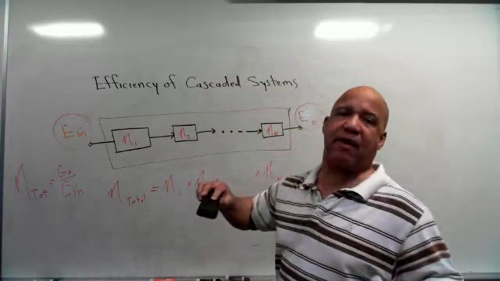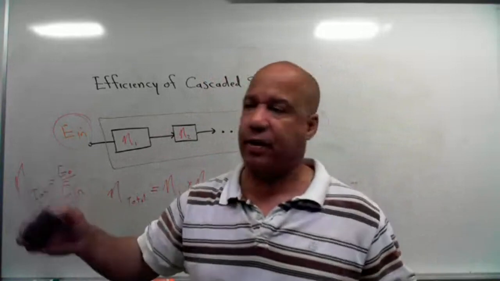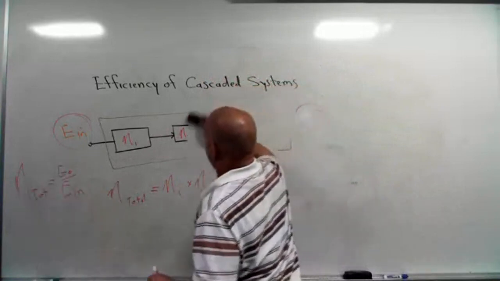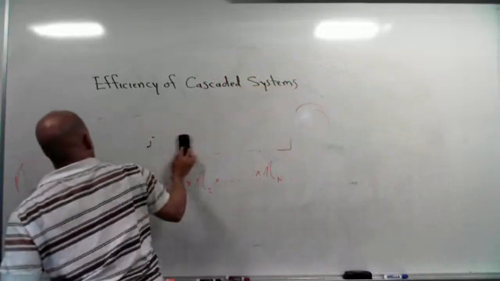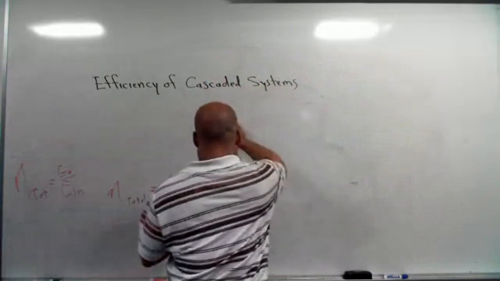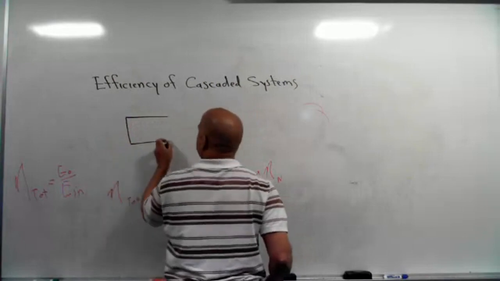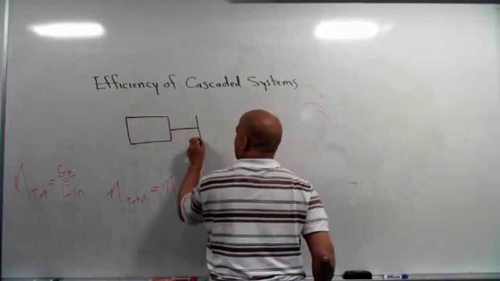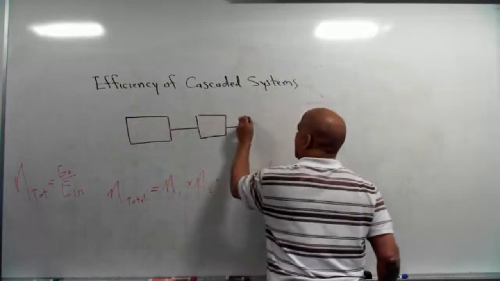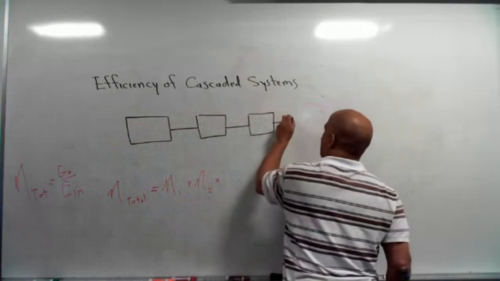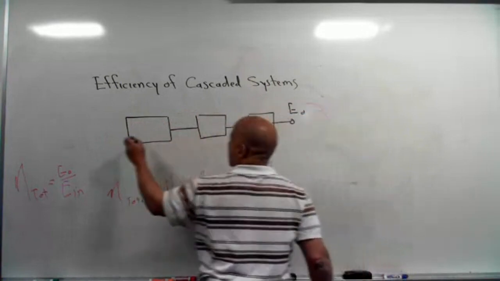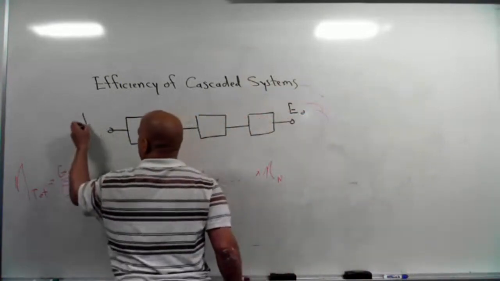Let's say we have 3 transducers cascaded. So I have this transducer feeding this one, feeding this one. So here's my E out, and here's my E in.